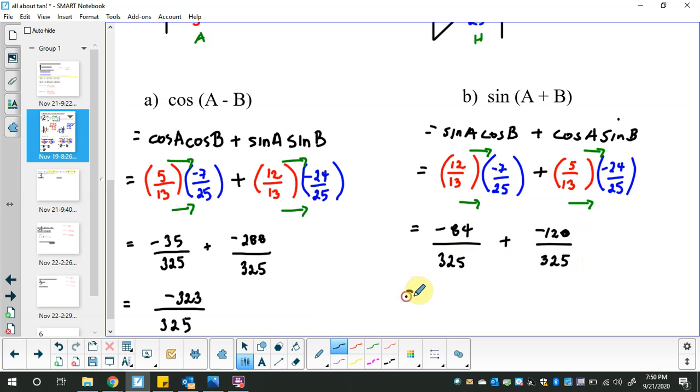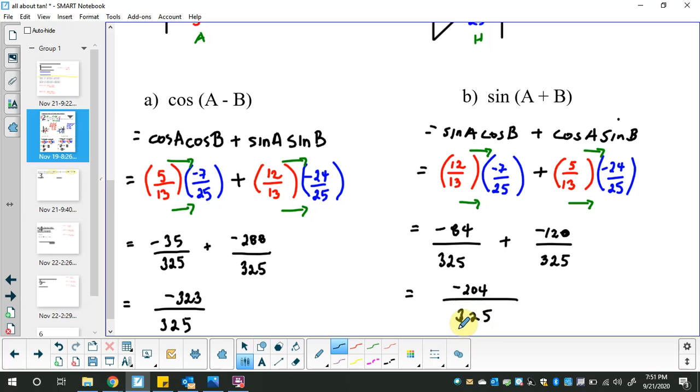I've got a common denominator of 325. I need to make sure that I figure out negative 84 plus negative 120 is negative 204, and as long as both of these are reduced, we're good to go.